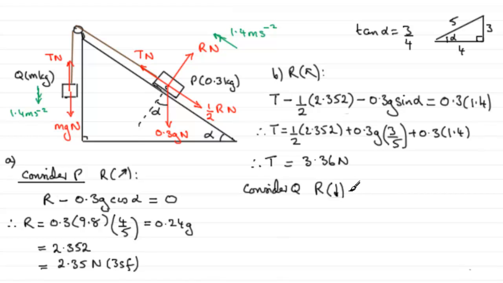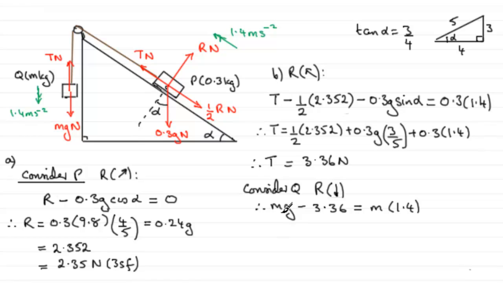If we resolve downwards, we've got the weight mg, so we have mg minus the tension, because that acts upwards, and we've seen that that is 3.36. This is the resultant force, which equals the mass times the acceleration. The mass is m, and the acceleration is 1.4, so we can type that in there.